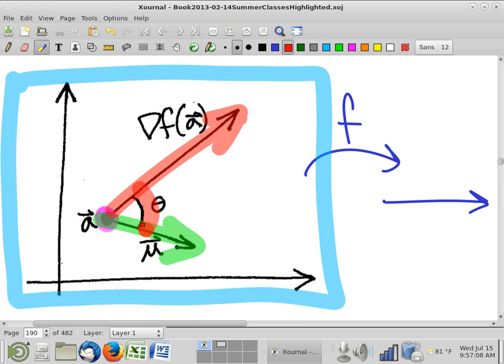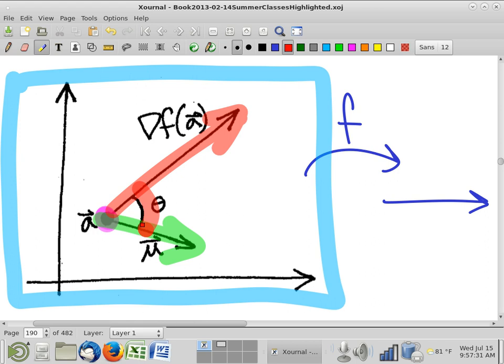And here's the thing: as I consider different unit vectors, maybe if the unit vector were pointing that way, or all the different unit vectors that I might pick, the magnitude of the gradient is constant. It doesn't depend. It's stationary, right? It doesn't depend on which direction you're looking. The magnitude of the gradient vector is what it is, right, at that point.